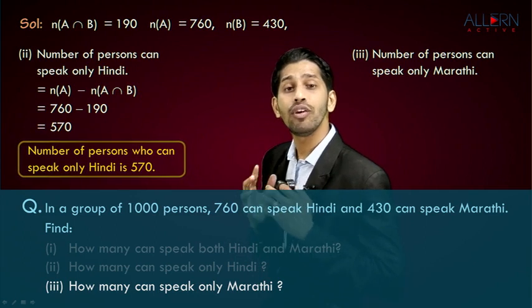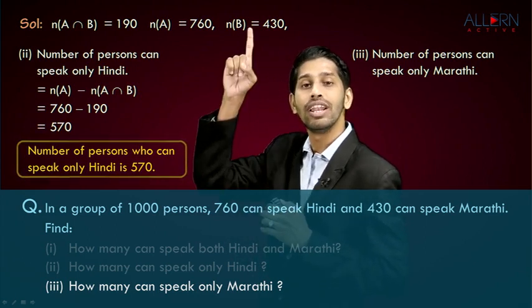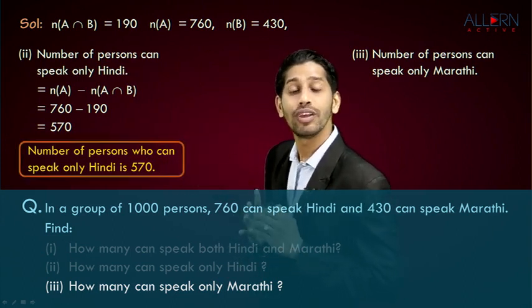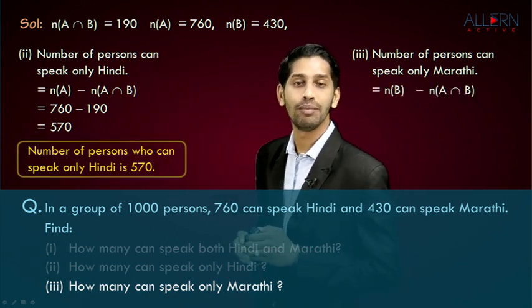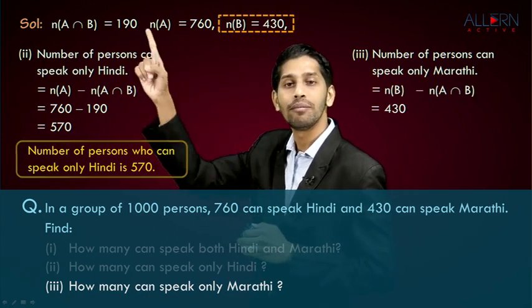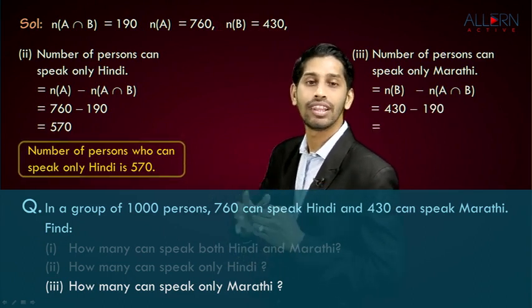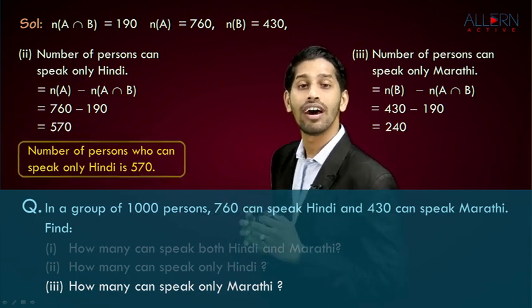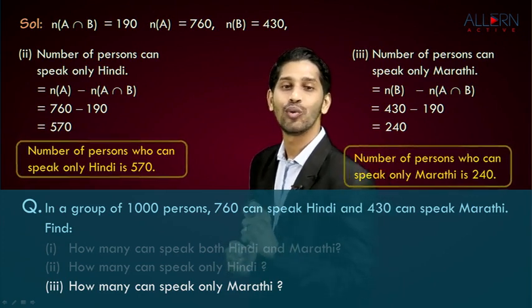That means to find the number of persons who speak only Marathi, we have to subtract this 190 from 430. That means we subtract n(A ∩ B) from n(B), that is 430 − 190, and we get 240. So that concludes our sum. The number of persons who can speak only Marathi is 240.